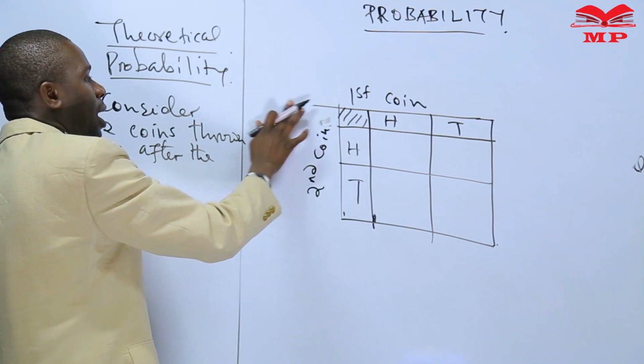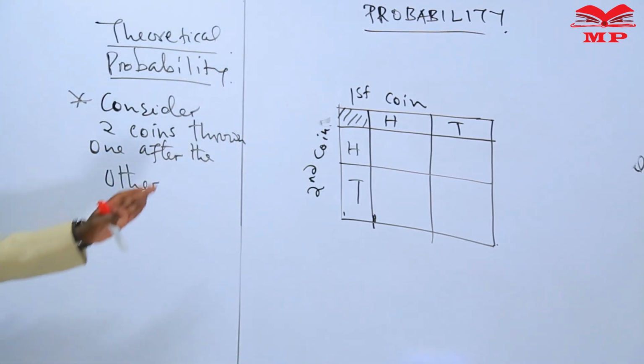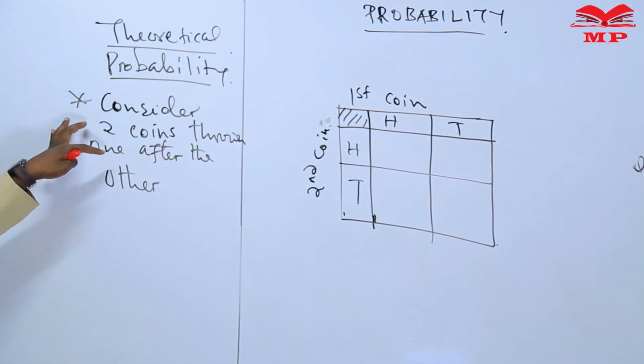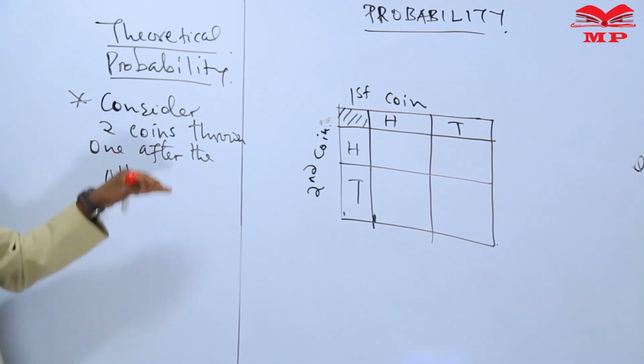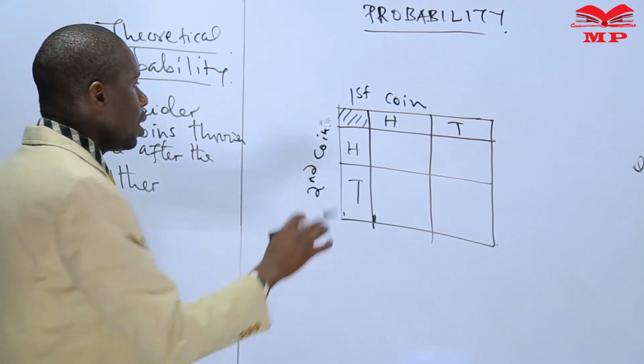So in such a scenario, we are considering 2 coins thrown one after the other.